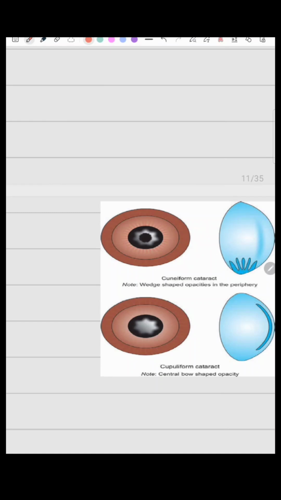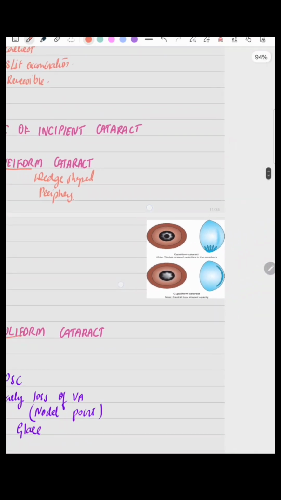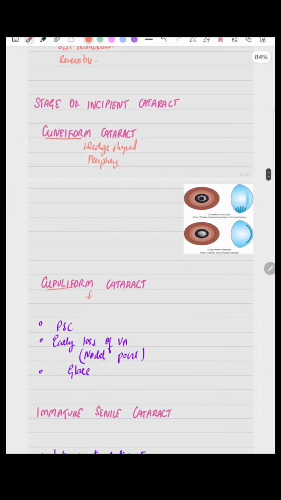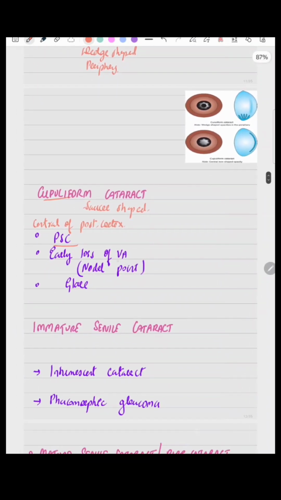Next is cupuliform. Cupuliform is saucer shaped opacities, starting in the central part of the posterior cortex, known as the posterior subcapsular cataract. There is early loss of visual acuity because it is located near the nodal point.